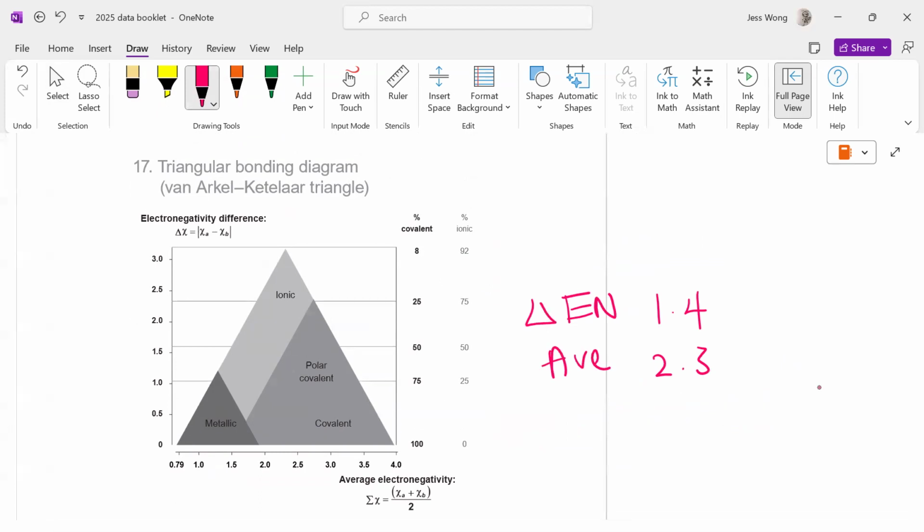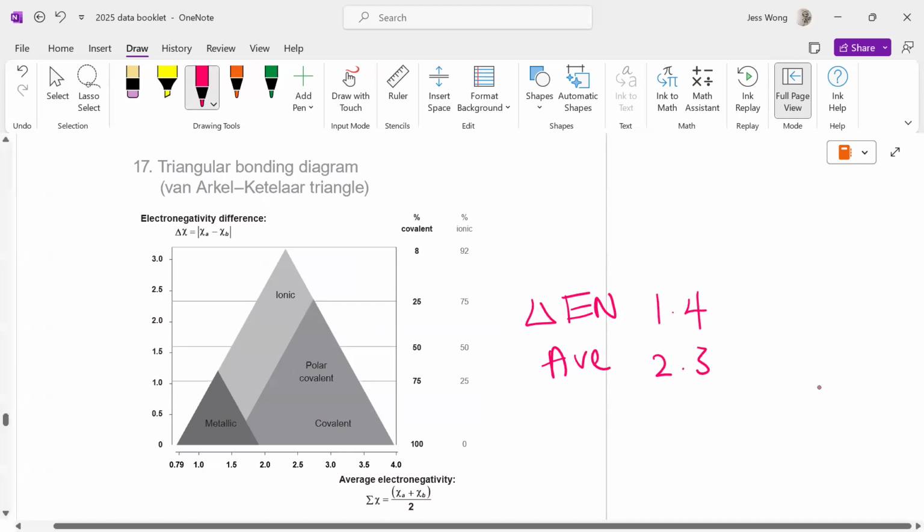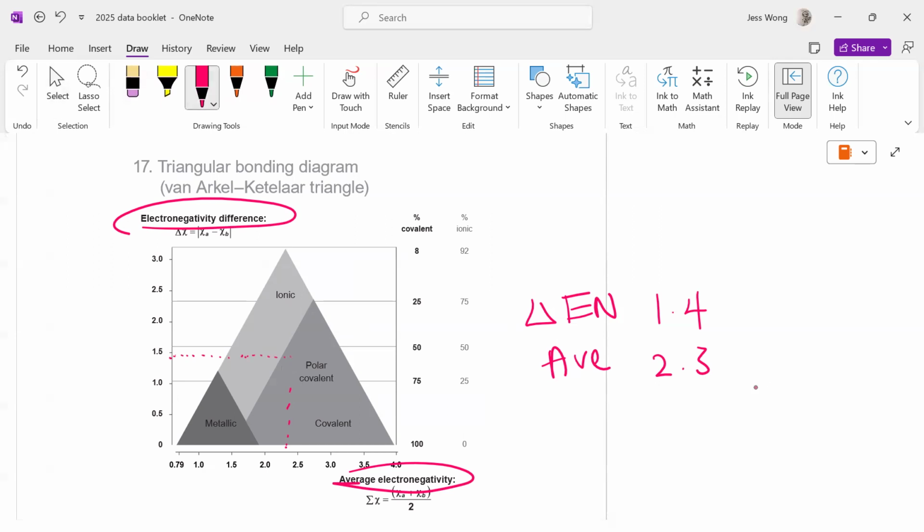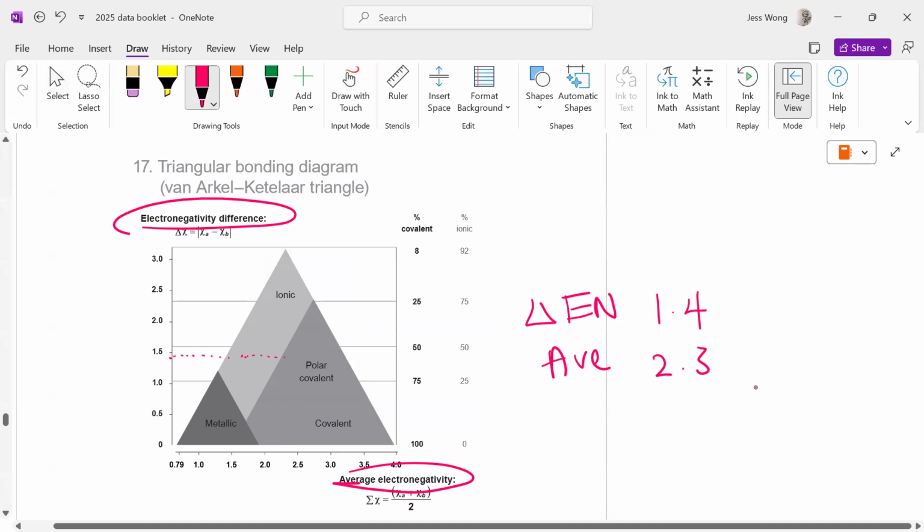Using this triangle bonding diagram, you look for roughly 1.4 on the difference side, and you look for 2.3 for the average side, and you connect them together. And you see roughly which region they fall in. It's an estimation, not drawn to scale. So that is one way that you can do so, is to use this triangle bonding diagram.